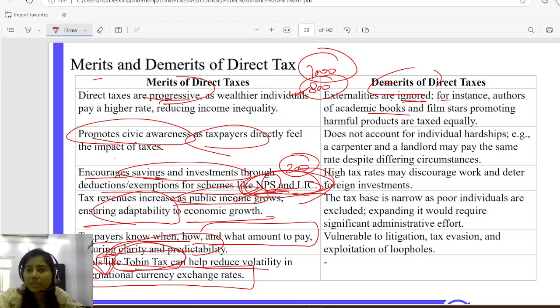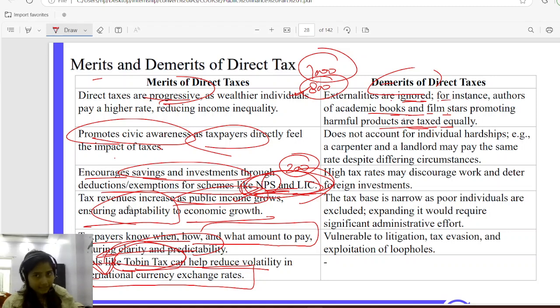Externalities are ignored. For instance, authors of academic books and a film star promoting a harmful product are taxed equally. So regarding externality, suppose I am selling alcohol, or on the other hand, some other person is selling apple juice. Both are taxed equally. But if we look at it from the health perspective, both have a different impact. Apple juice is giving me a health benefit, whereas alcohol is giving me bad health.